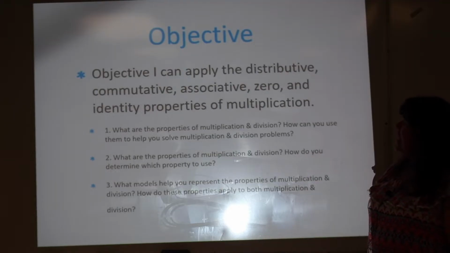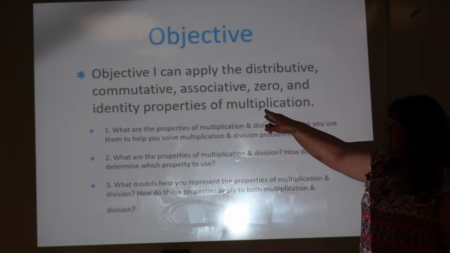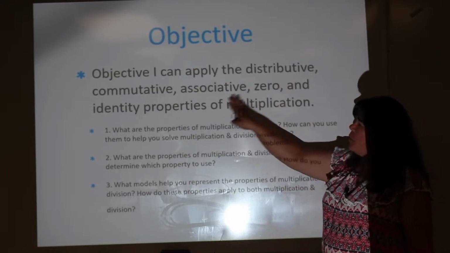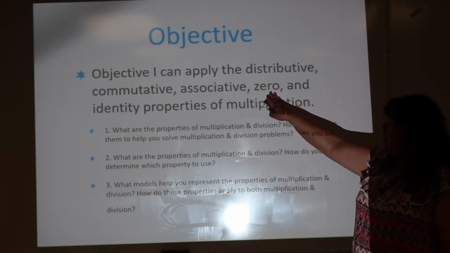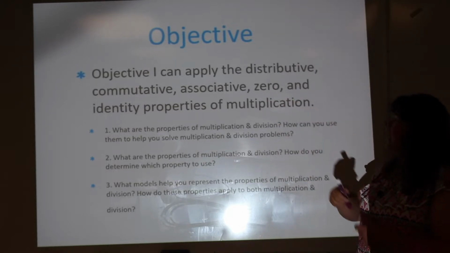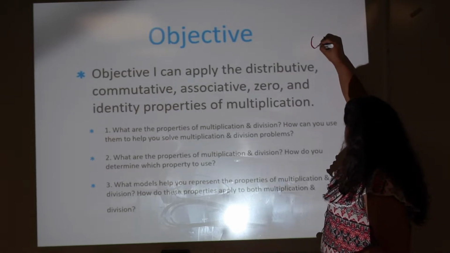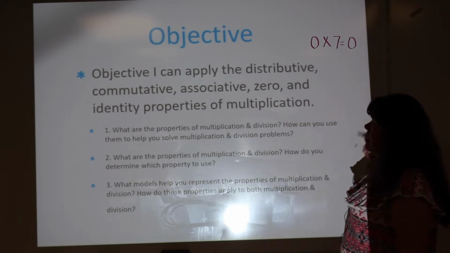Today your objective is I can apply the distributive, the commutative, the associative, the zero, and the identity properties of multiplication. I want to talk about zero and identity multiplication as well. So whenever you have zero property of multiplication, it means that you are going to multiply a 0 times any number, and you're still going to just get 0.